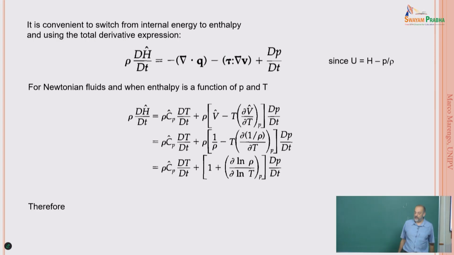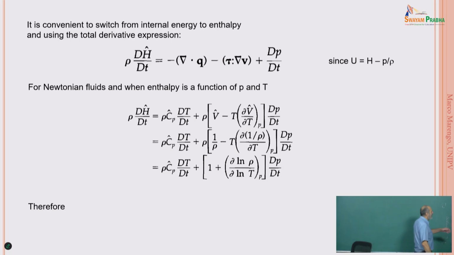So you are landing with this equation. We are doing the same here. We are using the enthalpy. And in fact, we are going to write this expression using that the internal energy is H minus P divided by rho in this form.